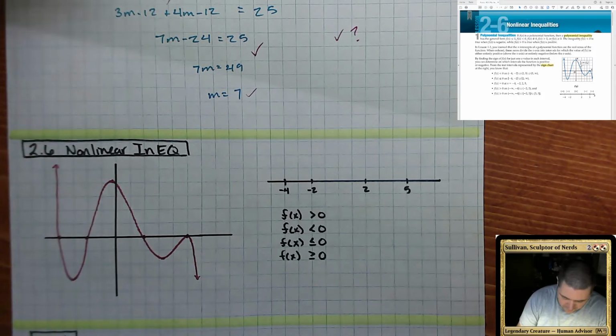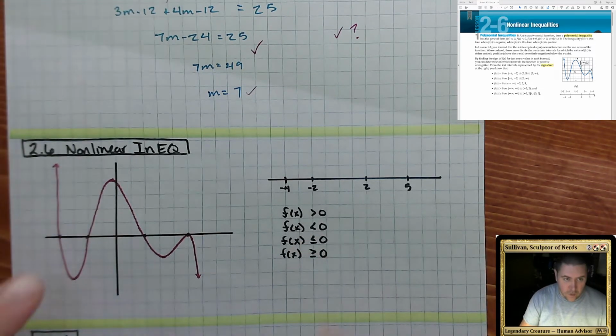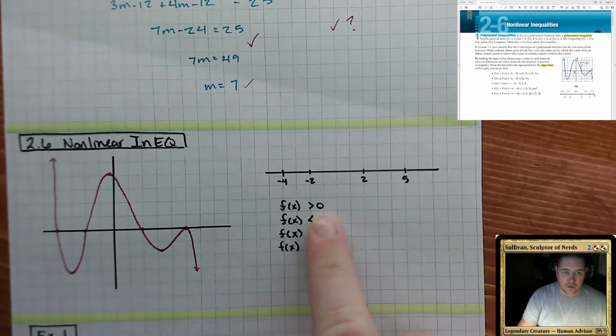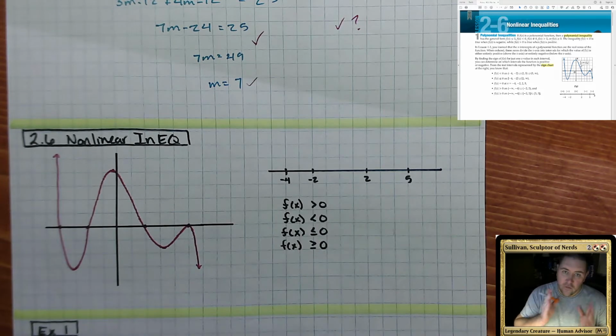Nonlinear inequalities. See, if I asked where this function was greater than 0, less than 0, greater than or equal to, less than or equal to 0, instead of equals 0, well, when I ask equals 0, then it's a polynomial.